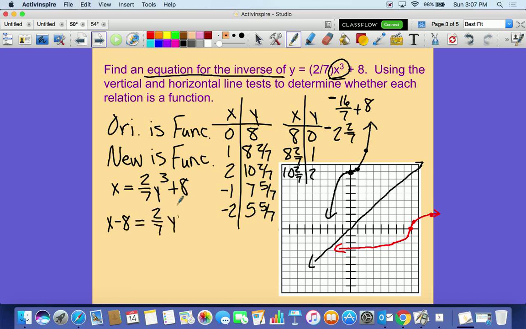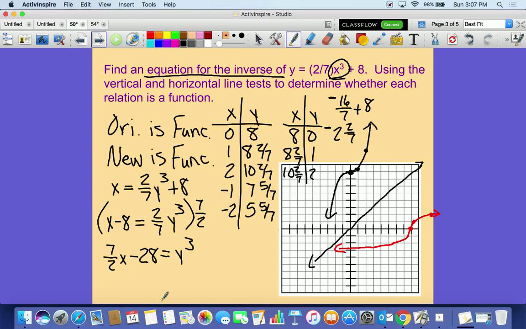And we've got 2/7 y cubed. We've got to get y by itself, so we would normally divide by 2/7. We can't divide fractions, so we can multiply both sides by 7 over 2. Just multiply by the reciprocal. So 7/2 x minus 8 times 7 is 56, divided by 2 is 28, equals y cubed.